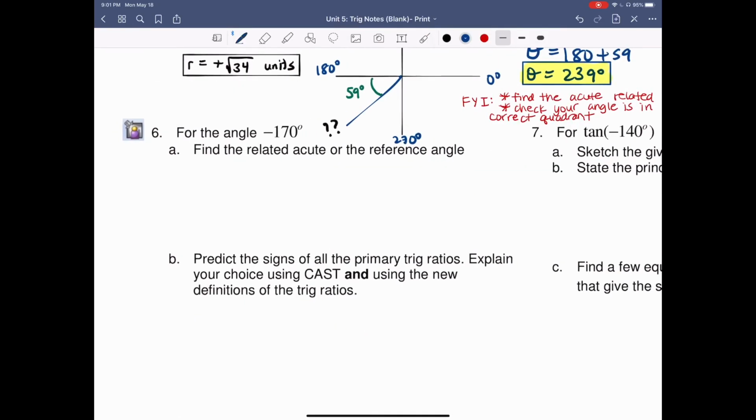6. For the angle negative 170 degrees, it says find the related acute or the reference angle. So right away, the x and y axis from the initial arm, which is over here, and you're going to draw so that you get to negative 170. I always draw my terminal arm, and from there to there, that's negative 170 degrees.